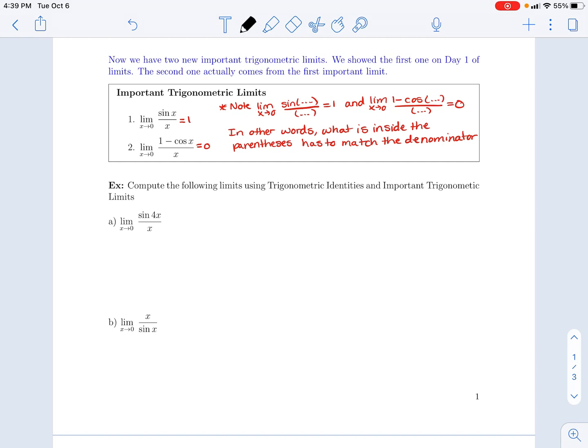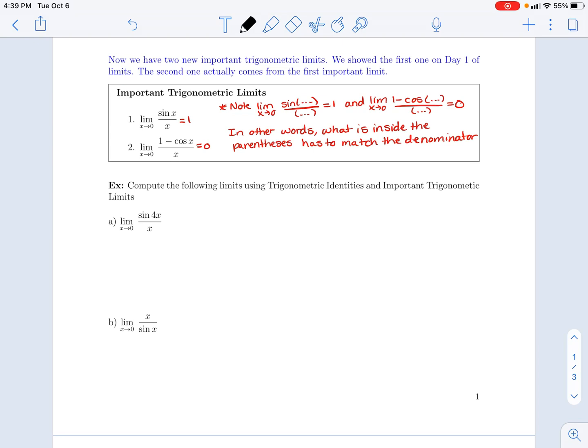So the other thing I wanted to bring up to you is that when you're looking at these important trigonometric limits, what's actually true is that the limit as x approaches 0 of sine of whatever is in my parentheses over that same quantity that's in my parentheses is also equal to 1. And the same thing holds for the 1 minus cosine x over x.